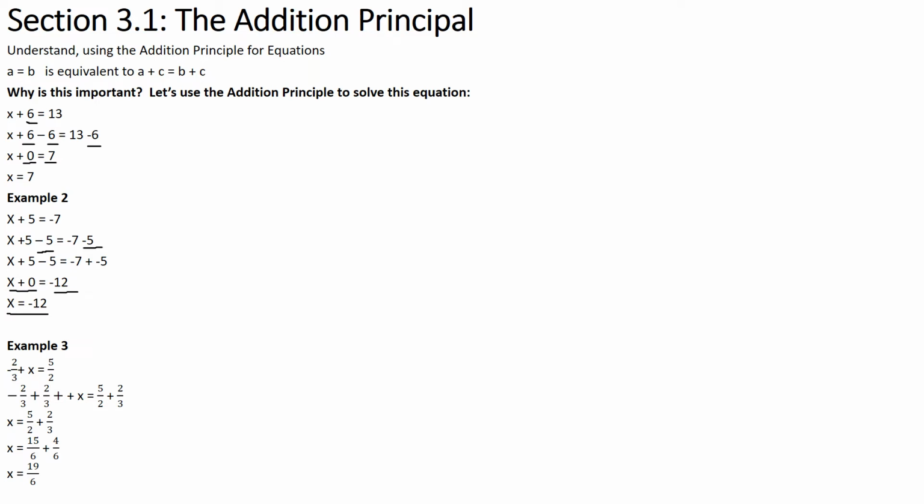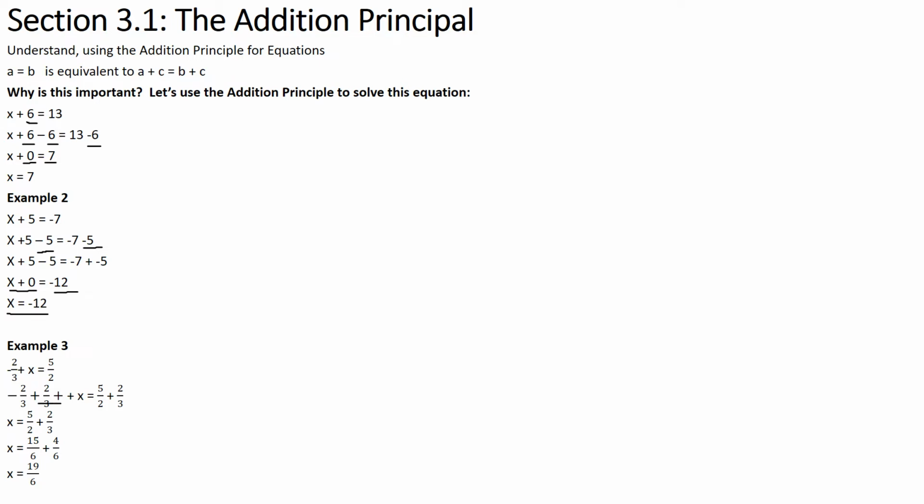And with the fractions here, we have to find a common denominator for both of them. It's very difficult to see what we need to be doing without a common denominator. I have negative 2/3 plus x equals 5/2. Let's get all the x's on one side and the numbers on the other. Negative 2/3 plus 2/3 on one side here, I add it.